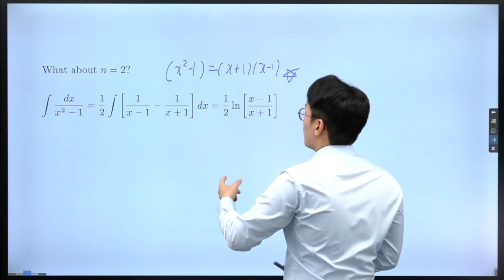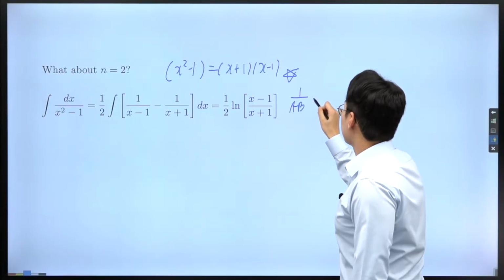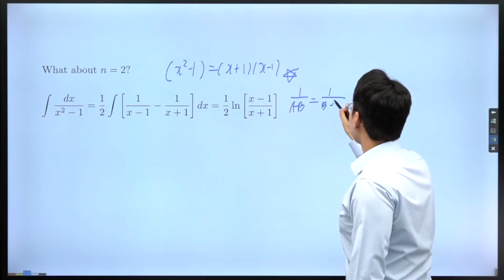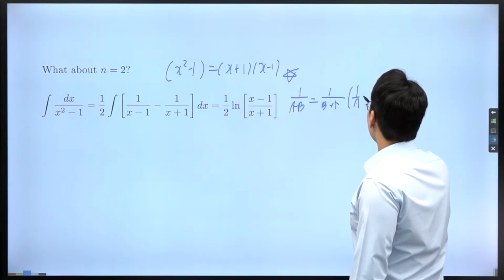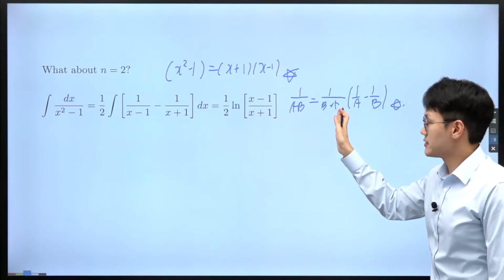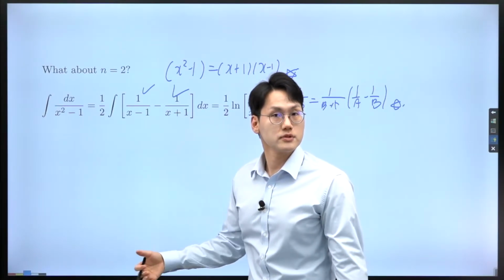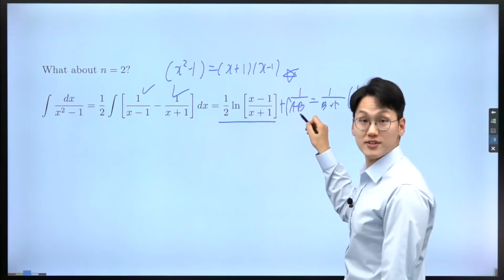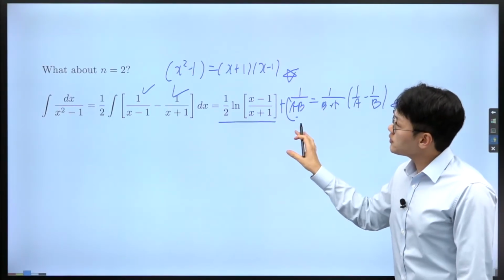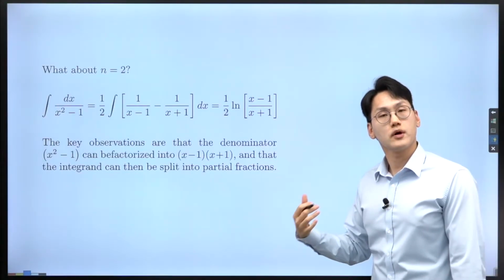So if I decompose the fraction, 1 over ab is the same as 1 over b minus a, times 1 over a minus 1 over b, things like that, right? So if I see this, then you can see that, oh wow, this is actually just going to be the difference of the linear factors on the bottom, so it's going to come out as just logarithms. Don't forget to add the constant c.